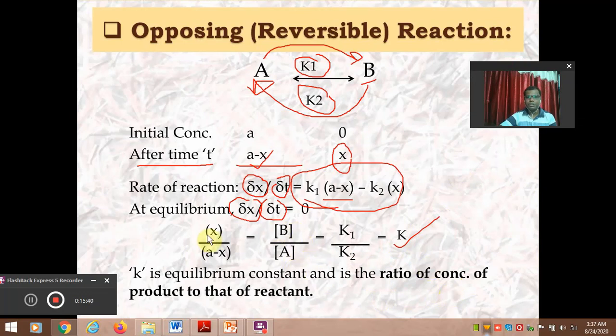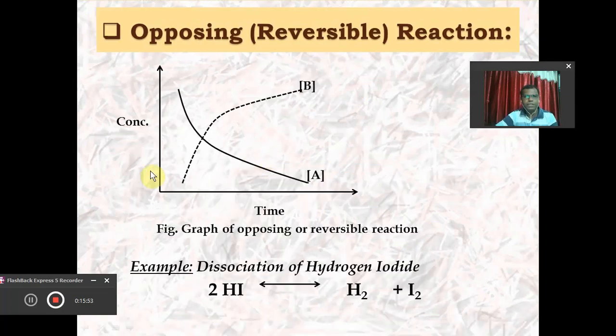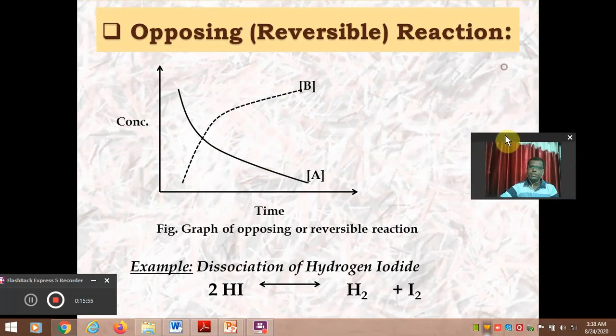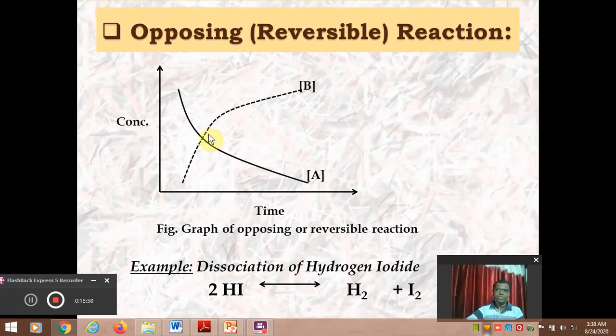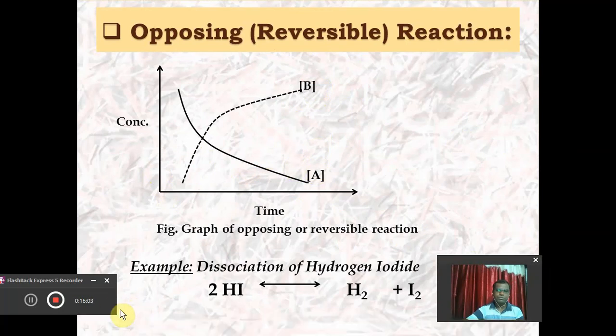So this equation can be used to find the equilibrium constant for the opposing or reversible reaction, which I will show here with the help of this graph. This plot indicates how there is a change in concentration of reactant A and product B. As the time proceeds, the concentration of reactant decreases while the concentration of product increases.